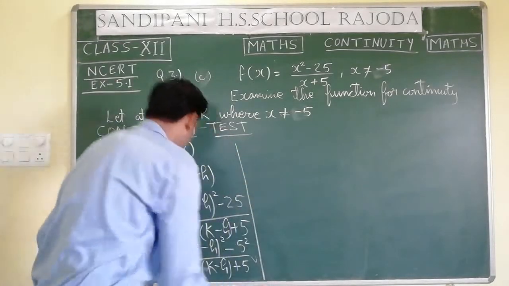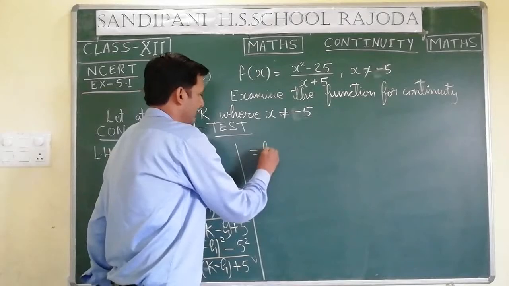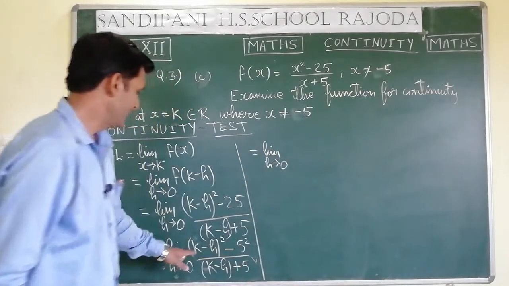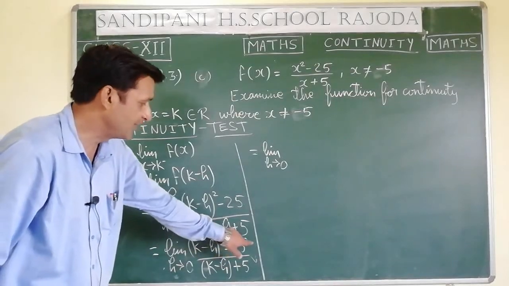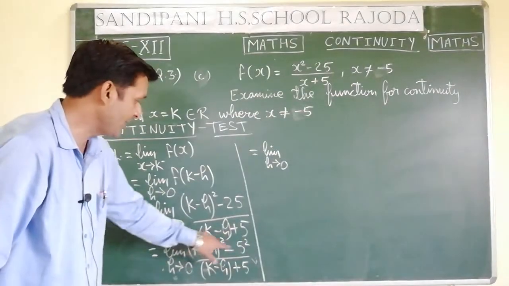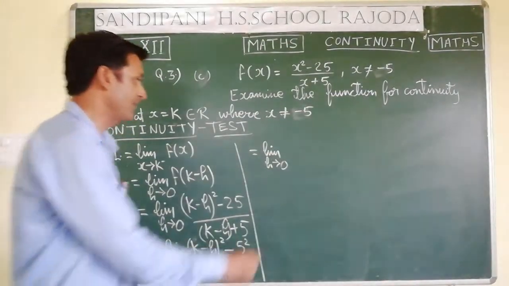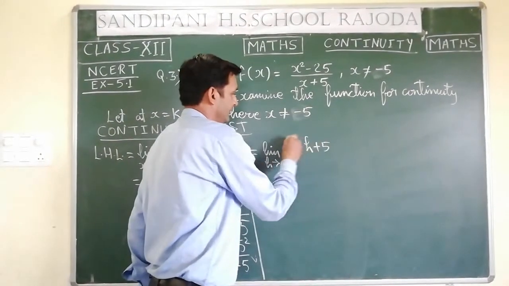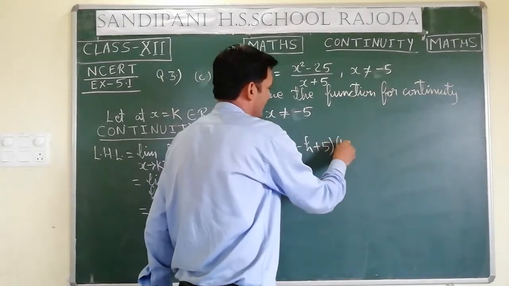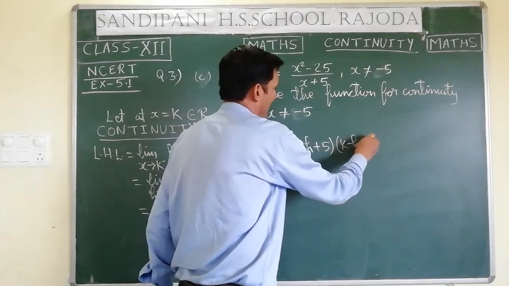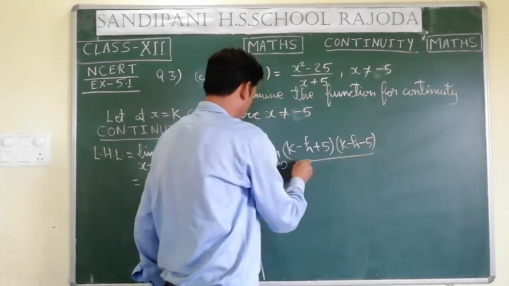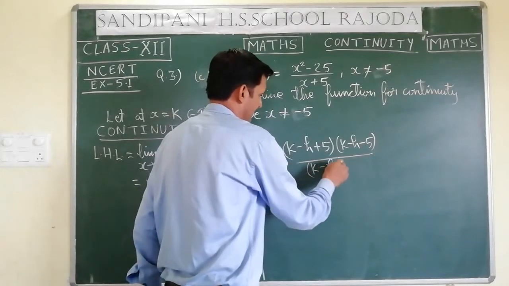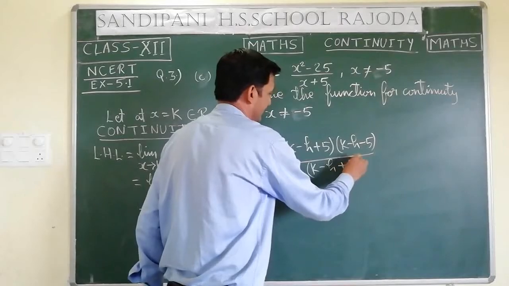Now this will become limit h tends to 0. This is a square minus b square, and a square minus b square is a plus b, a minus b. So it will be k minus h plus 5 and k minus h minus 5 upon k minus h plus 5.